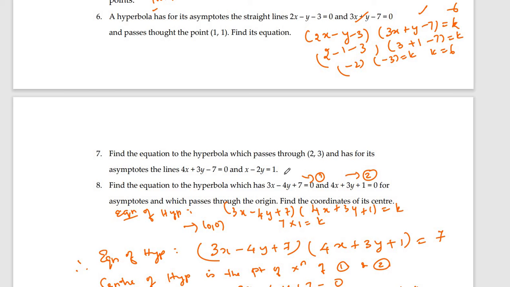So that would give the unknown, and that's how we find the equation of the hyperbola which passes through 2, 3 and has for its asymptotes the lines.